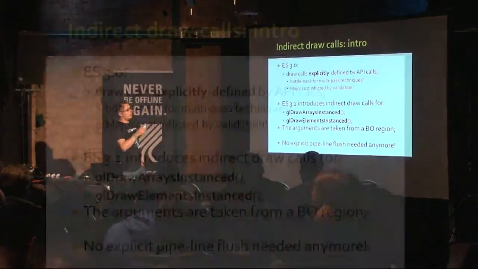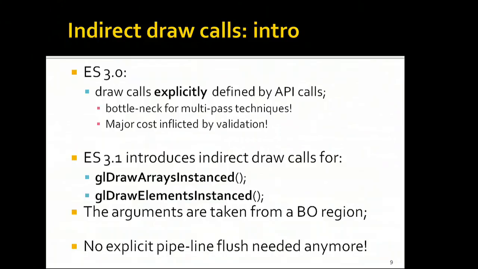This takes time. And a good thing about indirect draw calls is that this is actually executed on the GPU, meaning that the validation is ignored in most of the cases. But this also comes with a danger that you may actually happen to lock up your GPU if you ever try to use this in a wrong way. But let me first explain what this is really about. So OpenGL ES 3.1 introduces indirect draw calls for two draw calls.